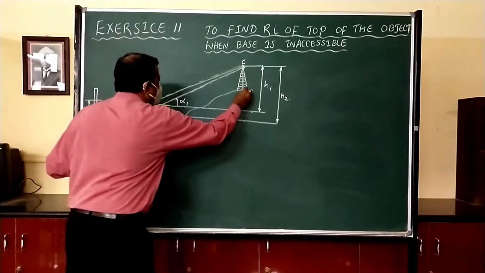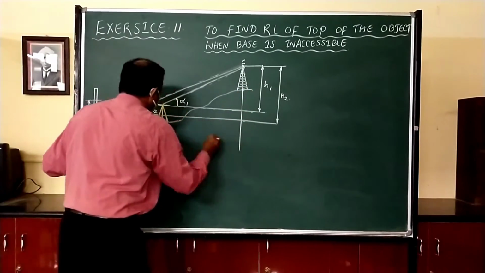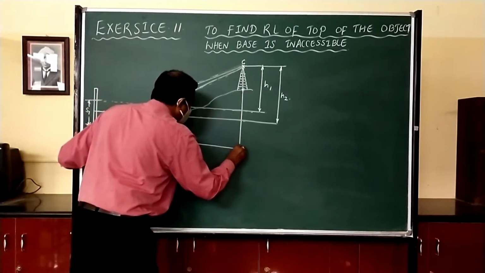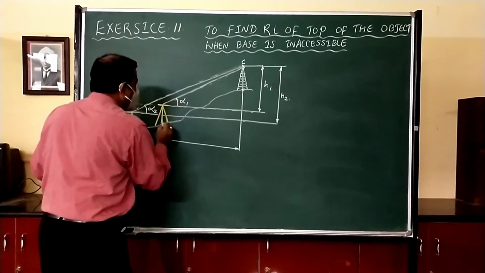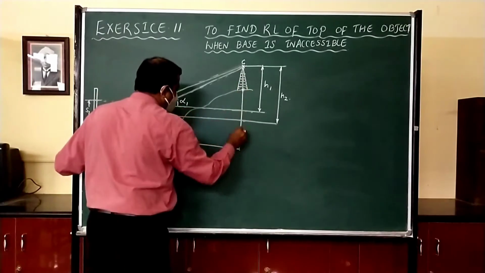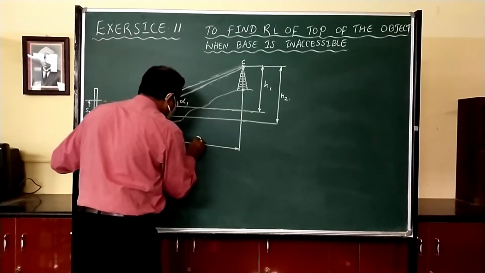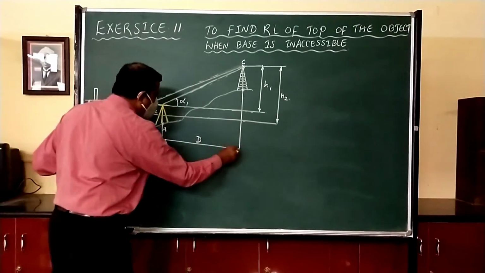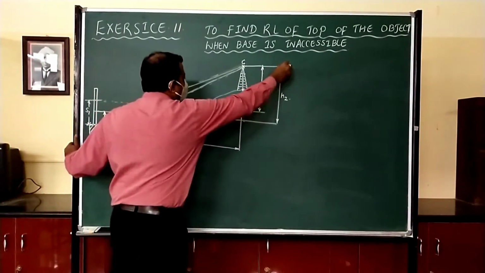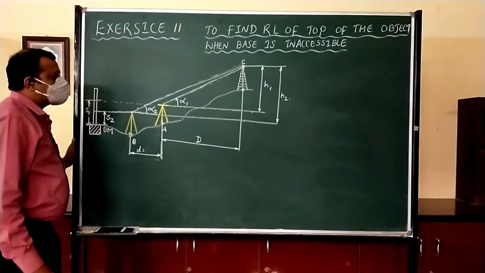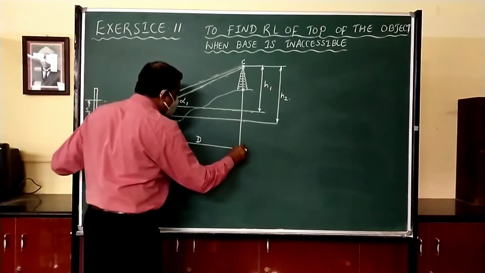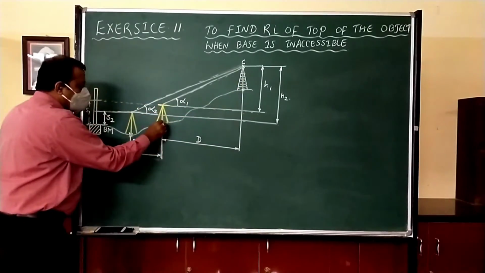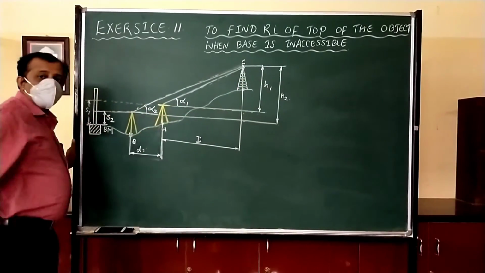And the horizontal distance between A and the object, let us take this as capital D. Now we have to find this D, this H1, and this H2.